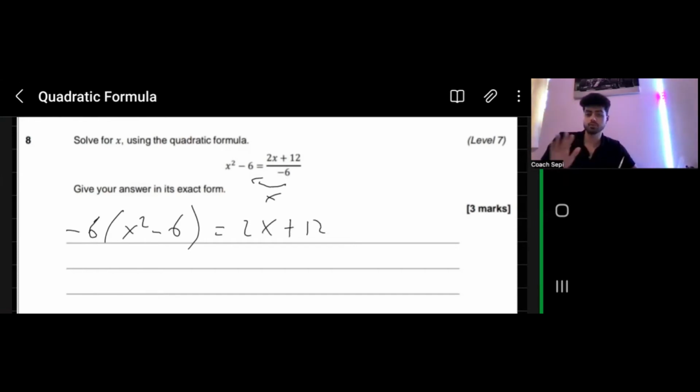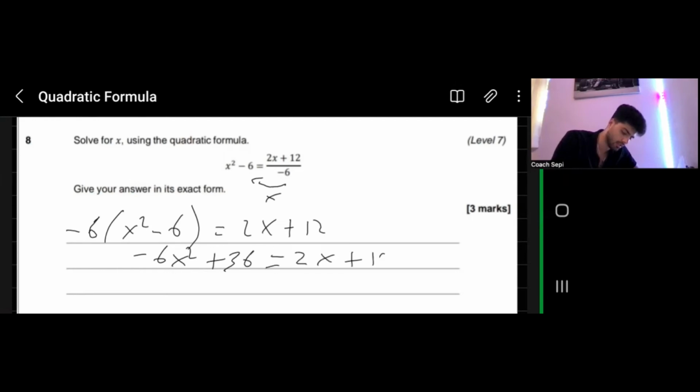All I did was multiply the minus 6 to the other side. Then we simplify this. So we'll have minus 6 x squared. Minus 6 times minus 6 is plus 36 equals 2x plus 12.